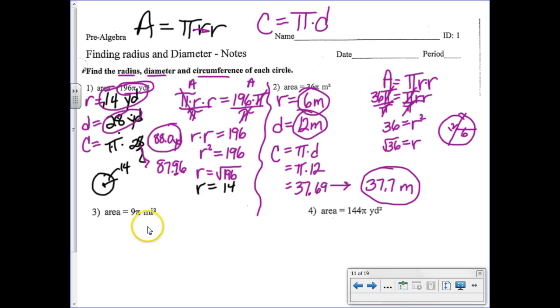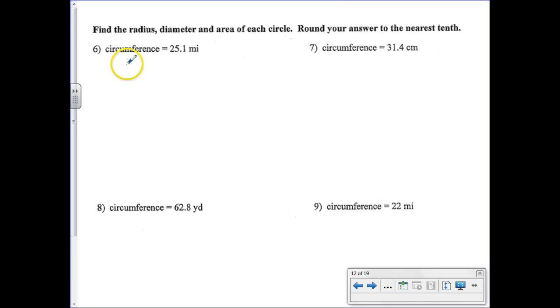Okay. I will let you go ahead and tackle 3 and 4, but what I would like you to do is jump on down to this one. On this half, 6, 7, 8, and 9, you are being asked to find the radius and diameter again, and this time the area, given the circumference, and here round your answers to the tenths place.